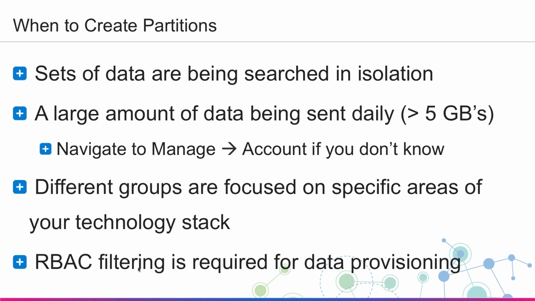You can assign a query for all QA engineers to be prepended. And that query may be, where your source category is equal to QA star. I'm just giving you some sort of high level example here. But if you are using RBAC and these rules are in place in your environment, then you want to consider creating partitions based off of these rules.